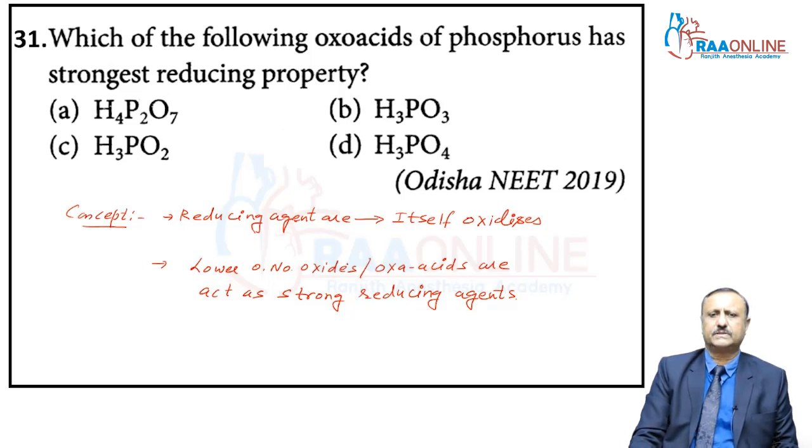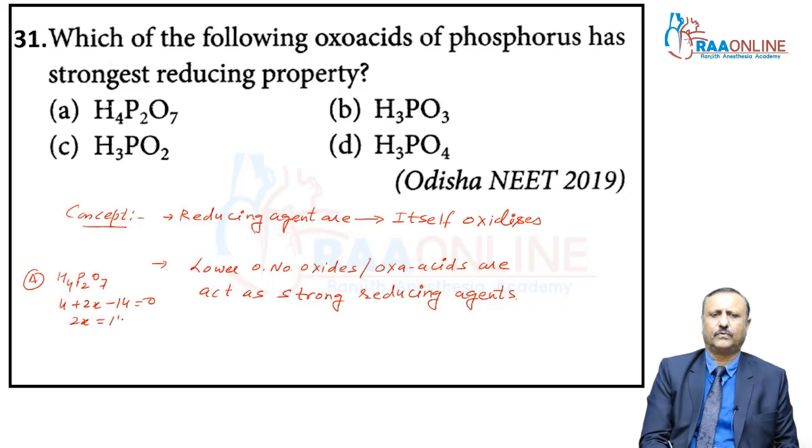So, here my dear students, you can calculate the oxidation number of phosphorus. In option A, H4P2O7, you get 4 plus 2x minus 14 is equal to 0.